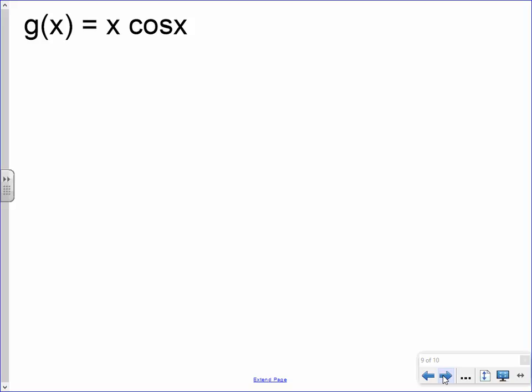X times cosine of x. Literally, all we're going to do is take x and multiply it to the cosine series.